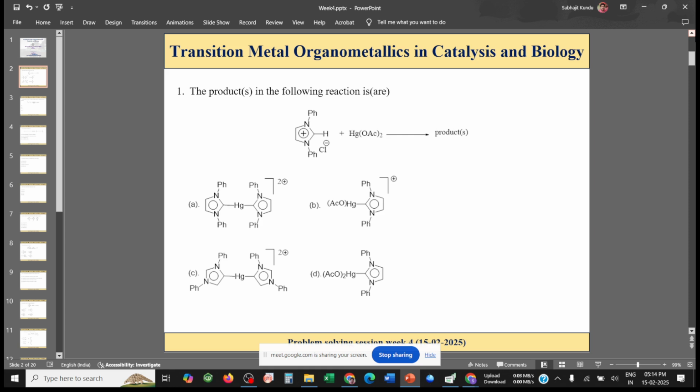We have seen that in the olefin metathesis reaction the intermediate is a metal carbene complex, and depending upon the electrophilic or nucleophilic behavior of the carbene, the substituents on the carbene, or the structural features, we have seen several types of carbene.